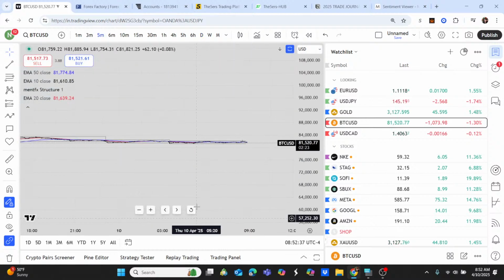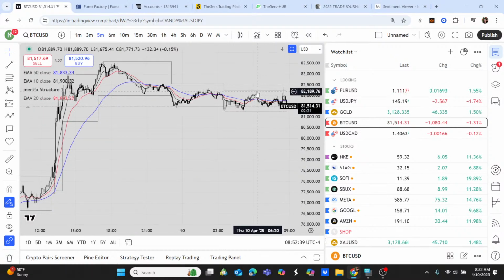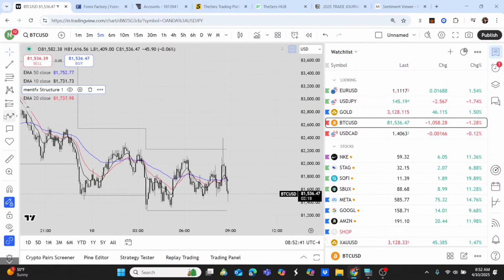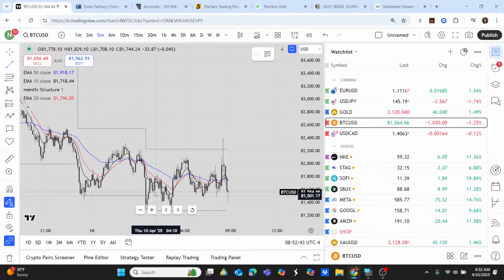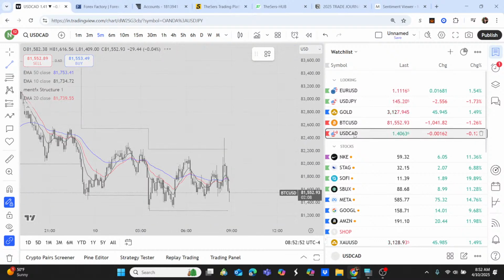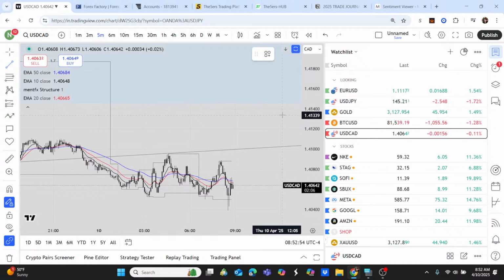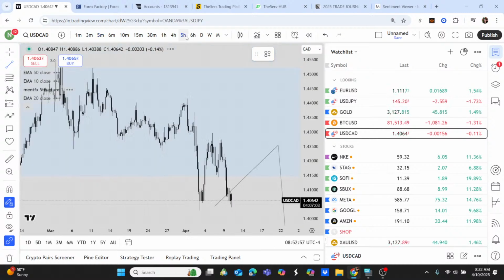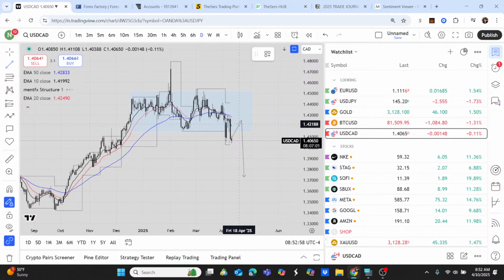As of yet, the 5 minutes, yeah, probably chopping around. So these are the areas that I would ignore. If you don't know when to stay out of price, you're gonna be taking everything and anything, and it's just gonna lead to random results. So I'm not interested in Bitcoin. I'm gonna leave that in red. I'm going to higher time frame.